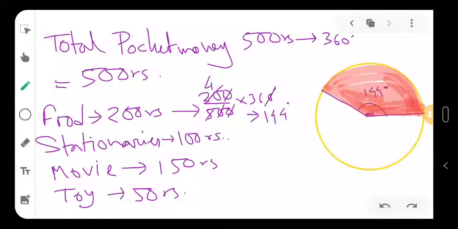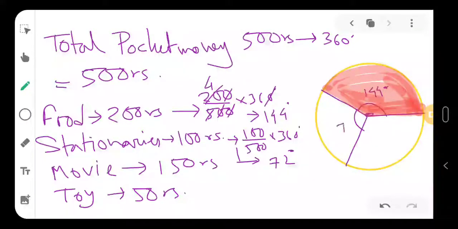Stationery is 100 rupees, so 100 by 500 into 360. Let me just calculate. Okay, 72 degree again. So from here you have to draw till 72 degrees.